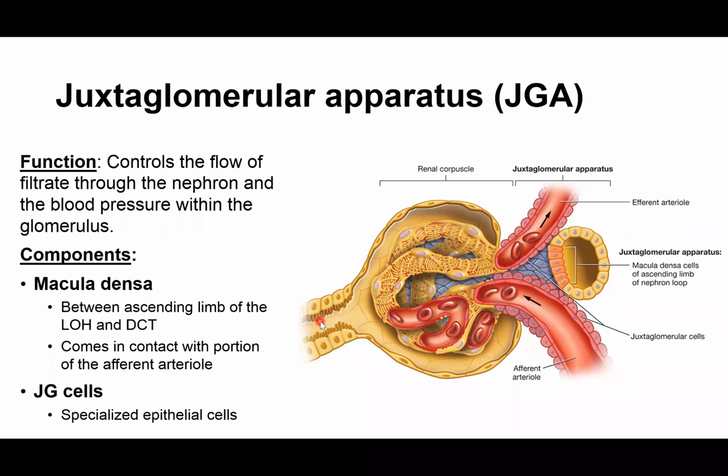I've been referring to it previously as urine, but it's technically not urine until it leaves the kidney. When that fluid is in the nephron, it's called filtrate. So these cells can help control the rate that filtrate is moving through the inside of these nephrons.